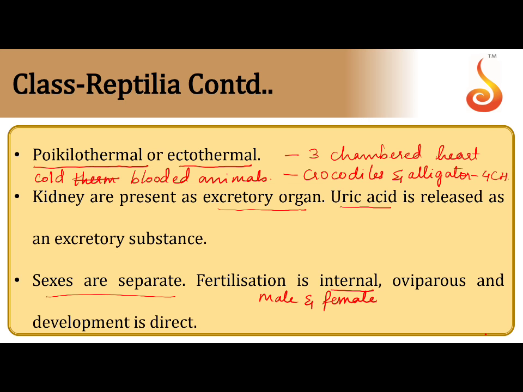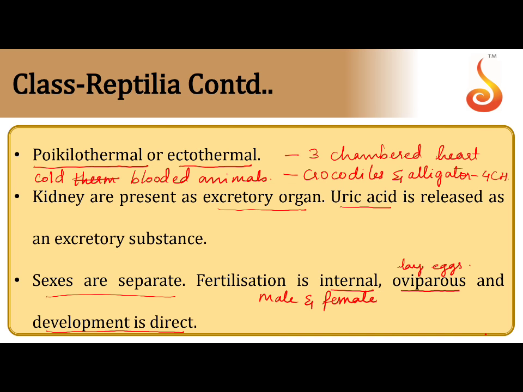Then they lay eggs. Hence they are called oviparous animals. The young one which comes out of the egg immediately looks like the older one. Hence, there is no larval stage. We call it direct development.